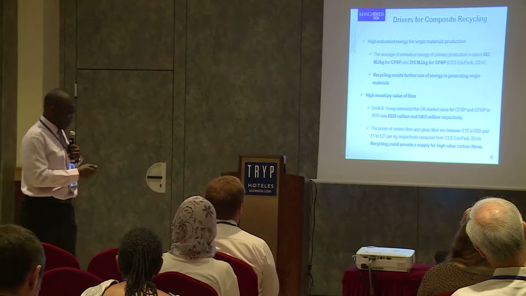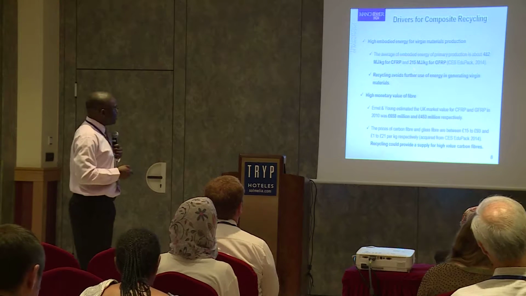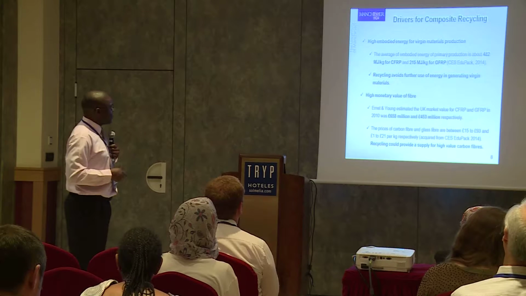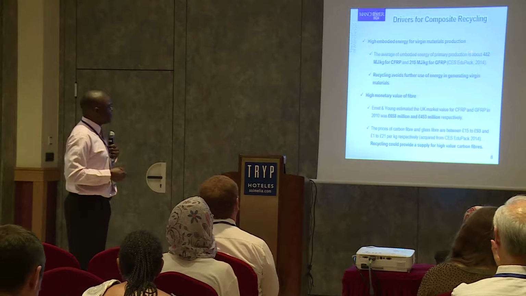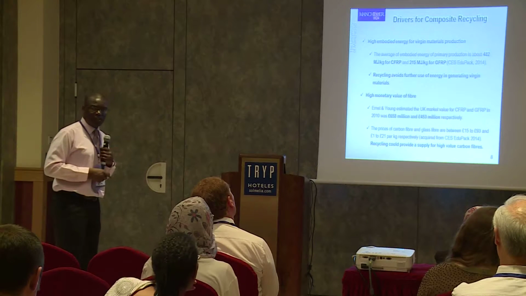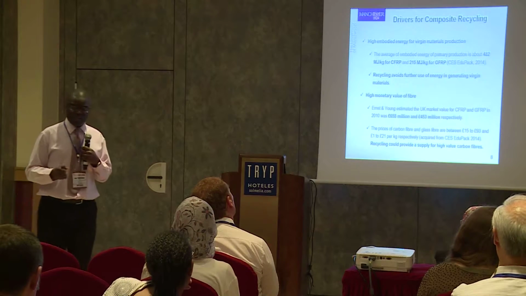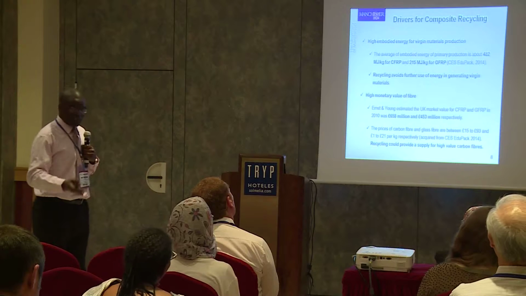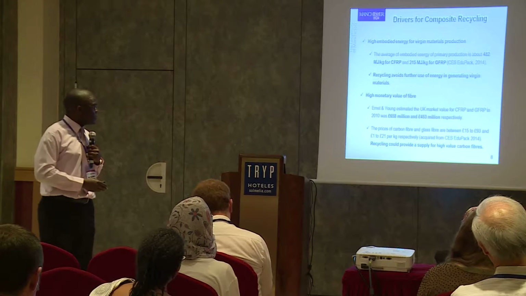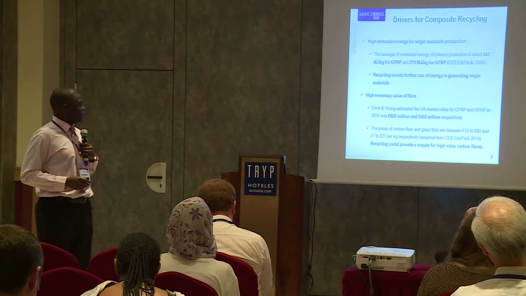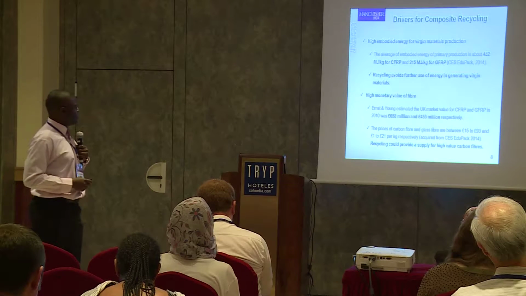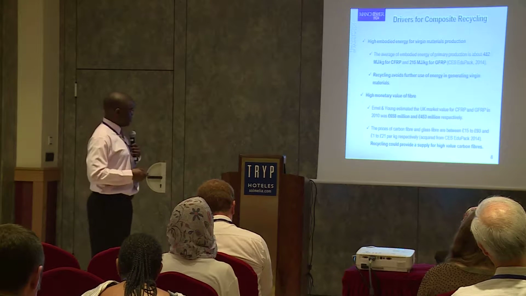The primary reason is to recover the high-value fibers, but we are also interested in the fact that composite materials are very energy-intensive to make. So if we can recycle them, then we are cascading the value that we have already invested in primary production of the composite materials.